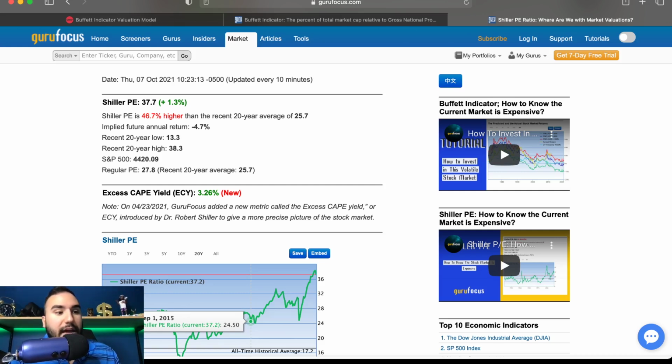Then take the average of these real EPS figures over the 10 years and divide the current level of the S&P 500 by the 10-year average EPS, and then boom, you've got the CAPE ratio. In layman's terms, it's pretty much the trailing 10 years of earnings smoothed out, averaged out, adjusted for inflation.